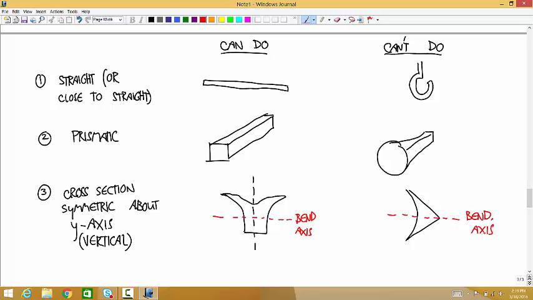If we were doing an analysis where it was bending towards the wall, that would be fine, because we would do our calculation with it flipped this way, and then it would be bending towards the floor. But we can't do bending towards the floor in that shape because it's not symmetric about the y-axis.